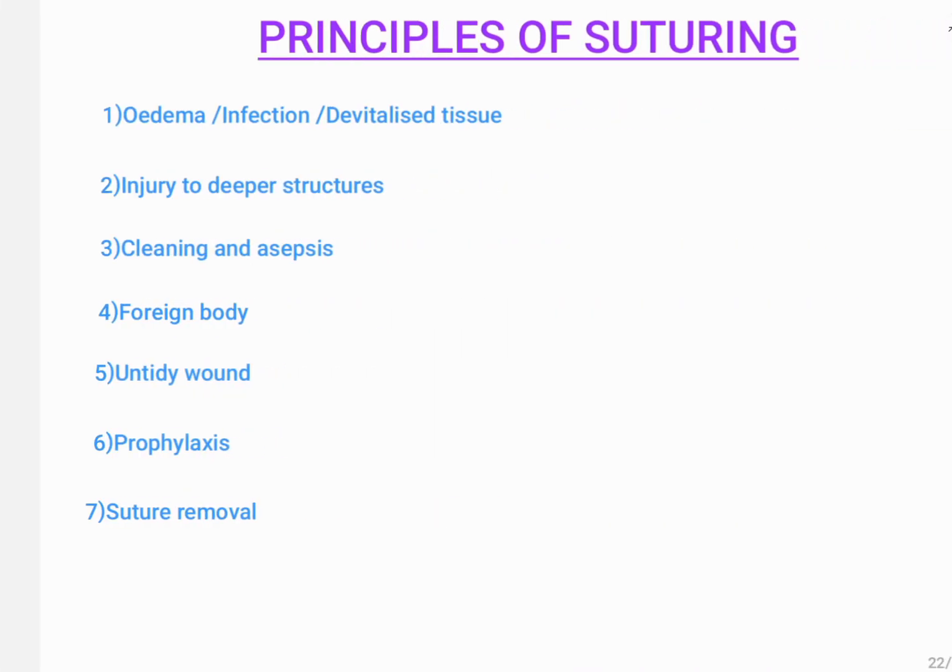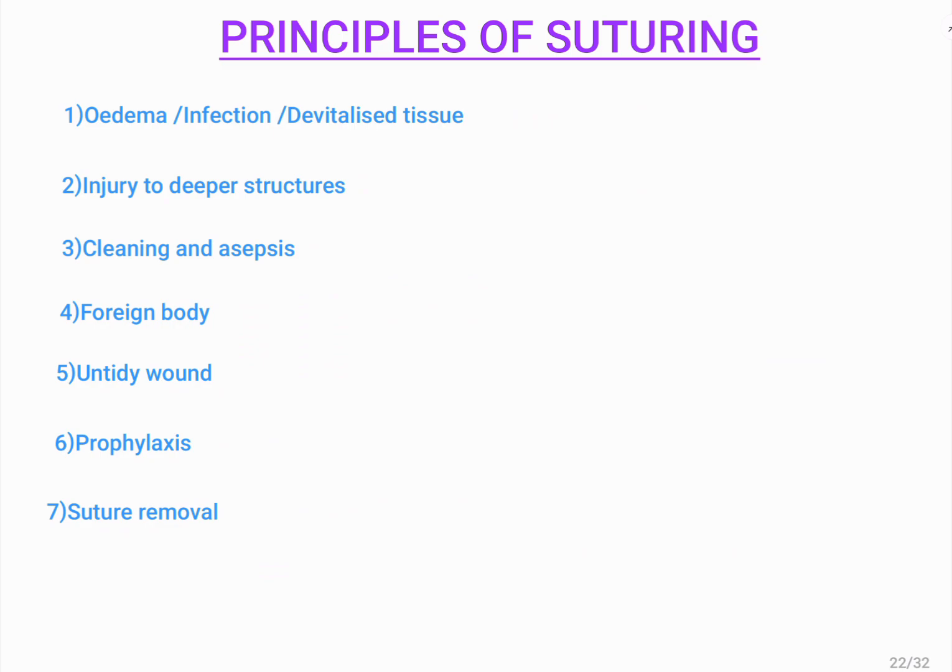Now, as a part of management, let us come to suturing. First, we should know what are the principles of suturing. The first principle that should be known before conducting a suturing is that if there is any edema, inflammation, or any devitalized tissue at the site of wound, primary suturing should not be done.